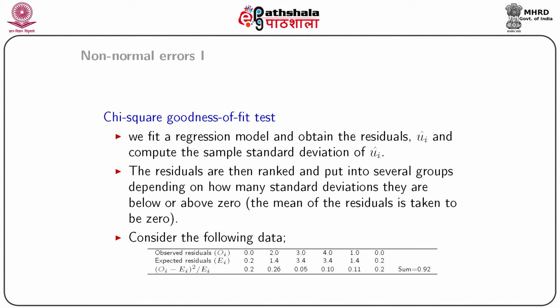Let me consider the following data. Here we have a set of observed residuals denoted by Oi, and a set of expected residuals denoted by Ei, and the last row of this table gives us the values of (Oi minus Ei) whole squared divided by Ei.